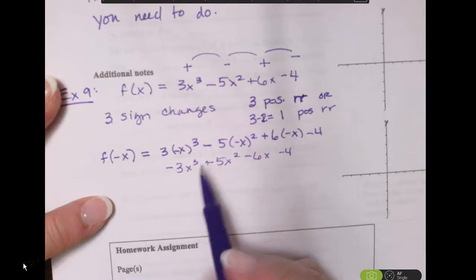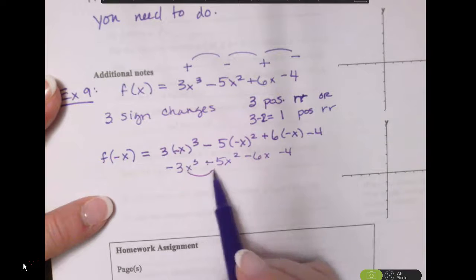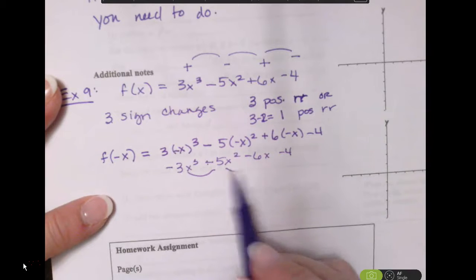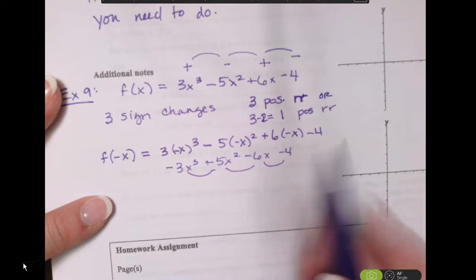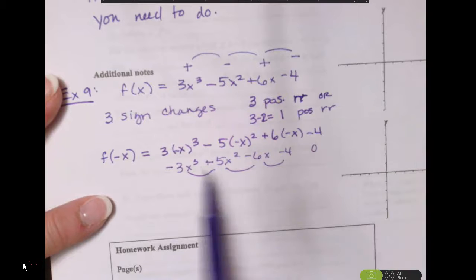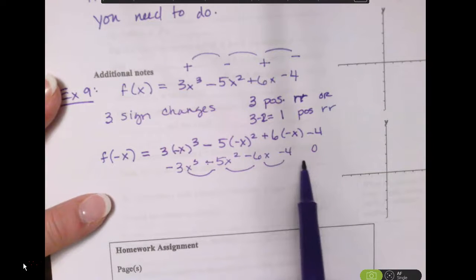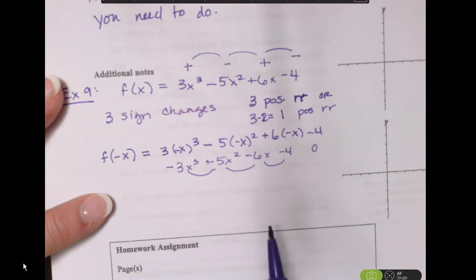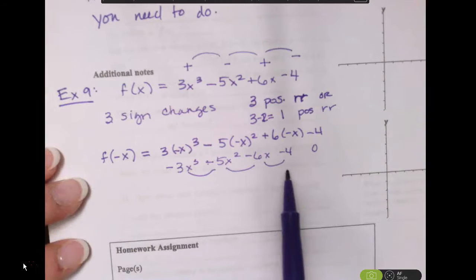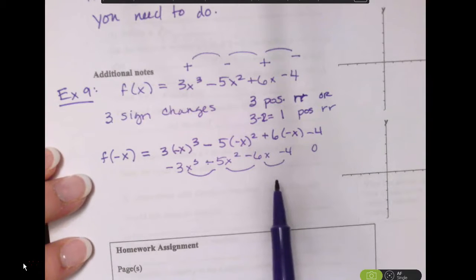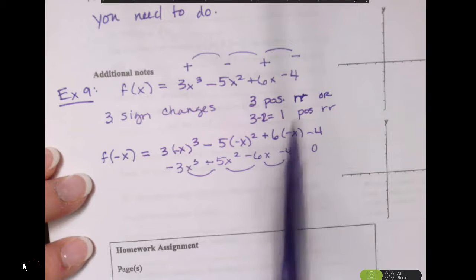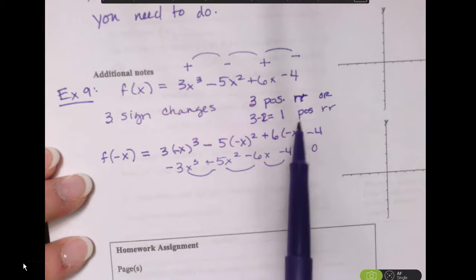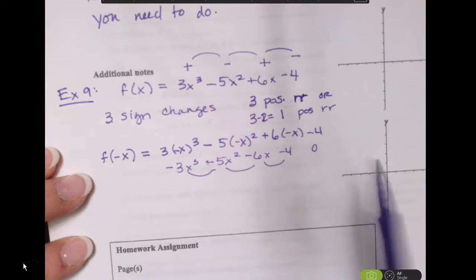So now I look at how many sign changes there are. This is negative to negative, which is not a sign change, to negative is not. So we actually have 0 sign changes, so that tells me that there are no negative real roots. So by Descartes' rule of signs, I either have 3 positive real zeros or 1 positive real zero.